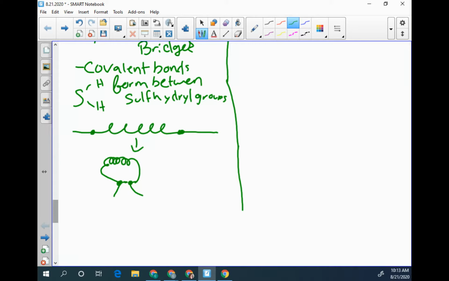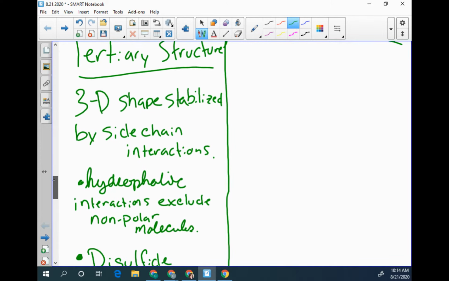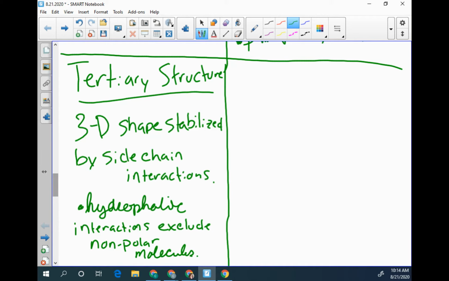So some proteins are done after this. When it comes to some proteins, they're like, okay, you've got your 3D shape, go exist. But sometimes they have a fourth level.